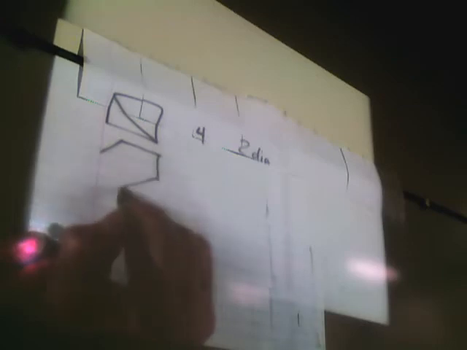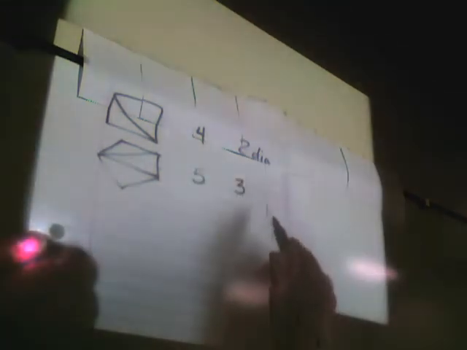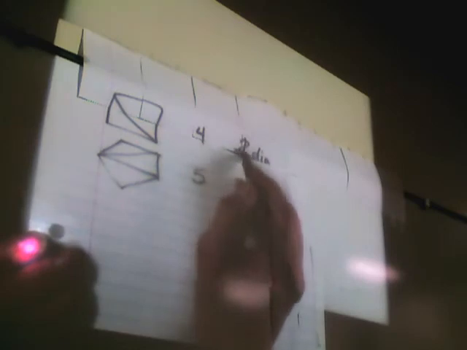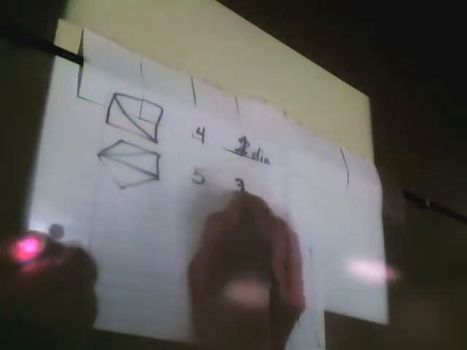If you have something with 5 sides, you can have 1, 2 diagonals. This only had 1 diagonal, sorry. 1, 2. So it's got 3 less than the sides, right?